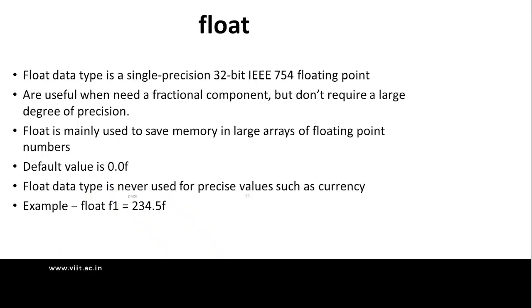Floating point. Till now these four variables, byte, short, integer and long, are for whole numbers. Now let us deal with floating point. For example, I have some calculation of weights.